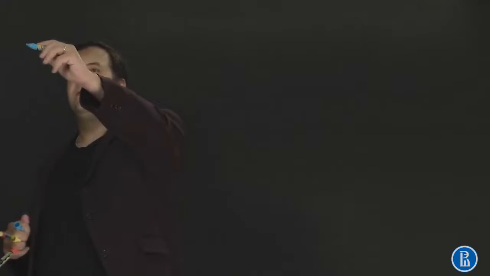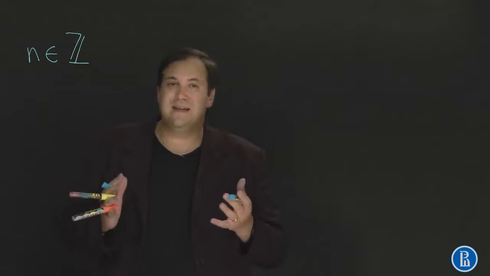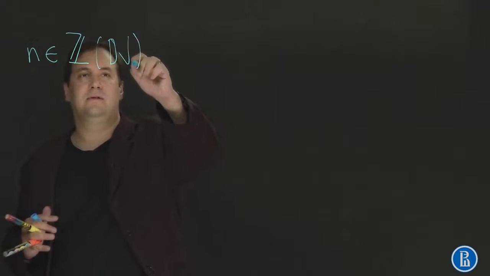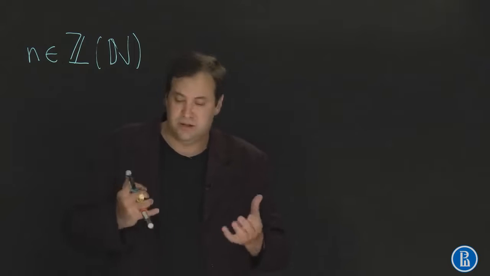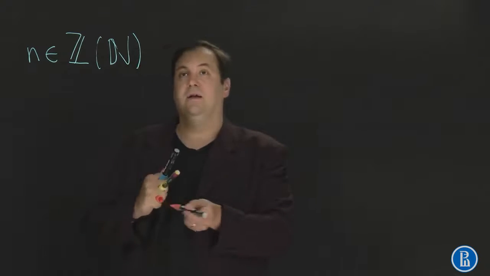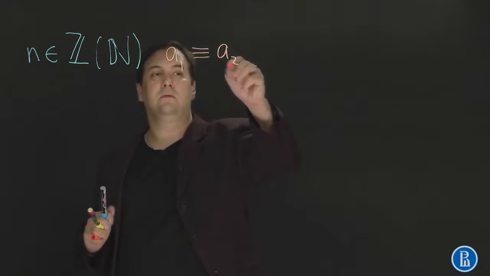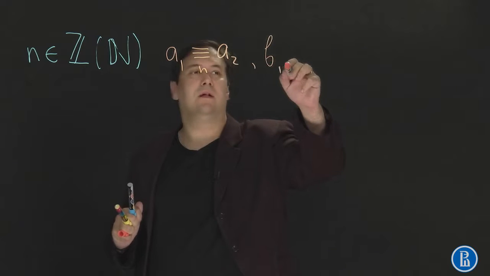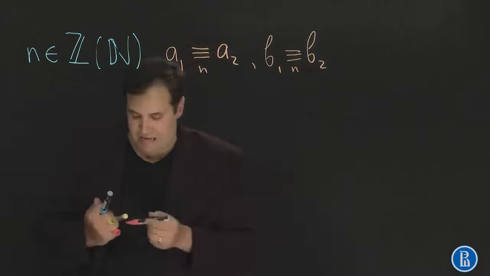So let's take an arbitrary integer n, or you may assume that it is a positive integer. It doesn't change anything. And let's take arbitrary integers a1 congruent to a2 modulo n and say b1 congruent to b2 modulo n.